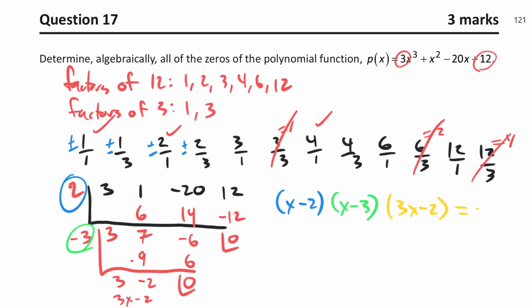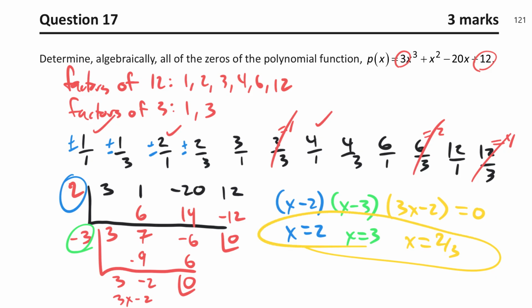And this is supposed to equal 0, so I want to write the final answers as zeros. So x equals 2. Sorry, let me keep it in the other color. X equals 2, x equals 3, and x equals 2/3. These are my 3 answers. And you can see that they were, of course, up here, right? Here was the 2/3.